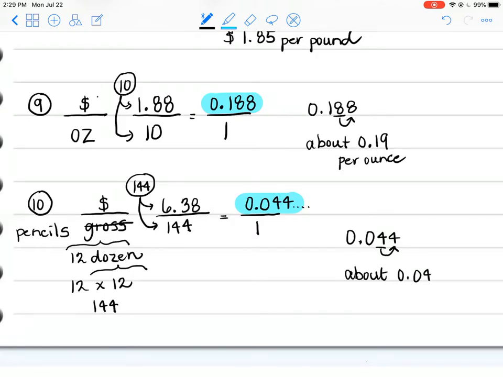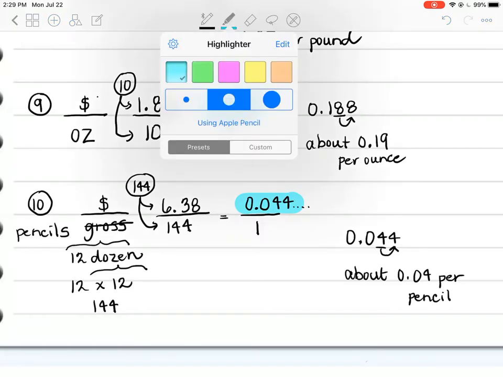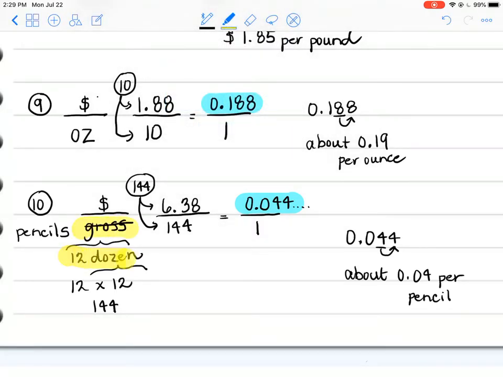It's pretty good. So that one was a little more of a challenge because you have this business right here where you have to figure out how many pencils we're actually talking about.